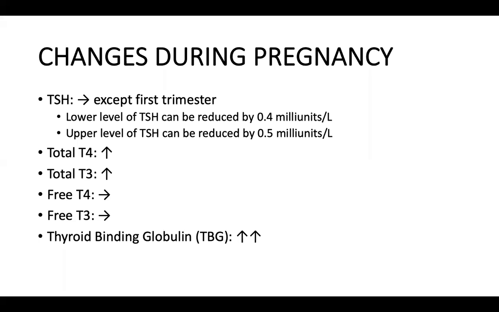The whole reason that total T4 and T3 go up is because, remember, they are secreted and bound to thyroid binding globulin to be transported throughout the system. And thyroid binding globulin is affected by estrogen, which increases the amount of TBG, and therefore your total T4 and your total T3 are increased.